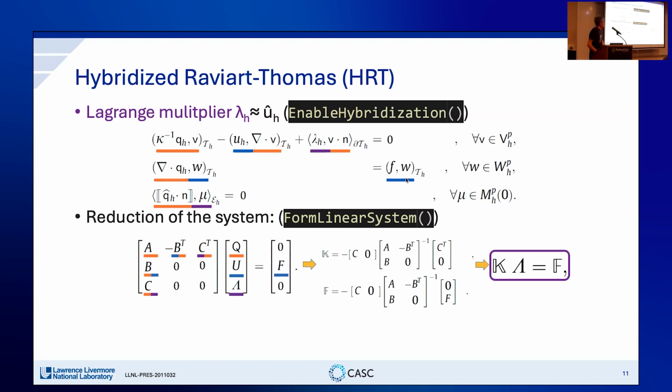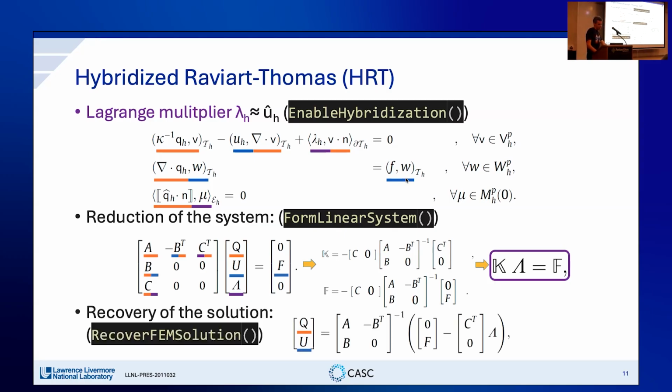But in the end, when we call that form linear system, we get that single equation for the Lagrange multipliers only. And after the solution procedure, we can recover the original quantities, the fluxes and potentials, through that recover FEM solution as we are used to.